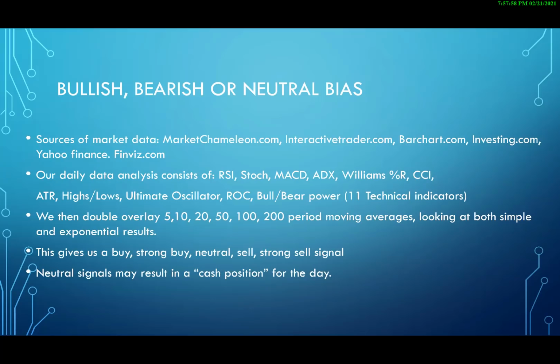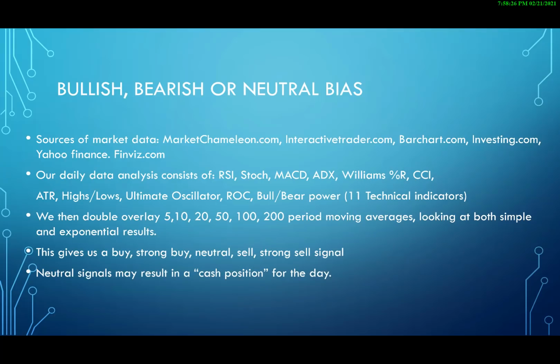And then on top of those, we do a double overlay of a 5, 10, 20, 50, 100, and 200 period moving average, and we look at both the simple and exponential moving averages. That's why it's called a double overlay. So we'll lay those moving averages on top of the 11 indicators, and that gives us a bottom line reading.